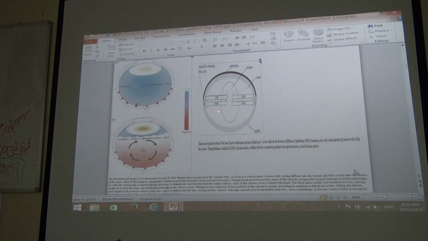Okay, and this is the role of glutathione, it's not mentioned in the lectures. This is for your knowledge. بس اللي لازم تعرفه ان الجلوتاثيون والاسكوربيك اسيد دول antioxidants protect the center of the lens from aerobic glycolysis and limit the aerobic glycolysis to the surface of the lens. Okay?